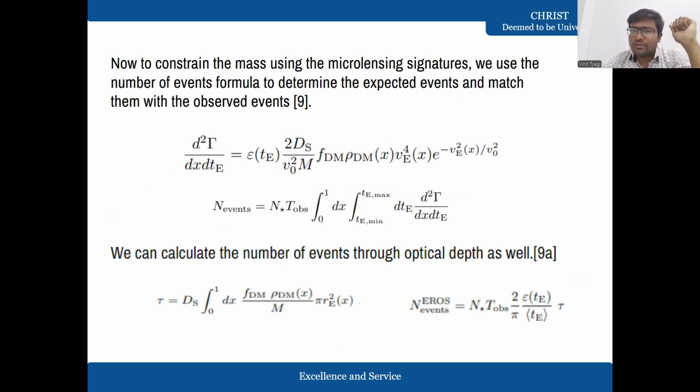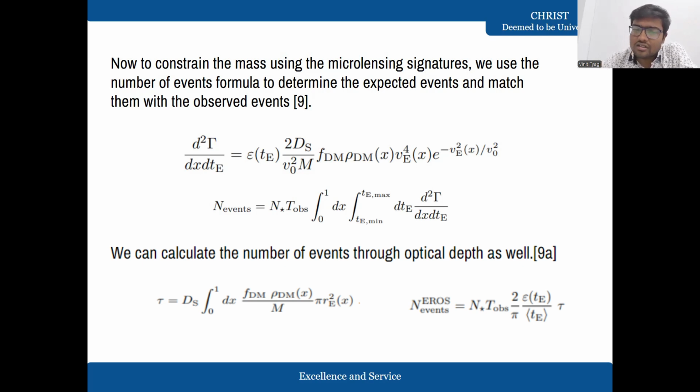V naught is the orbital velocity at that distance, which we know for the Milky Way galaxy is around 220 kilometer per second. Rho DM represents the density of dark matter at that distance. We have calculated that separately. Using this equation, we find the number of microlensing events.